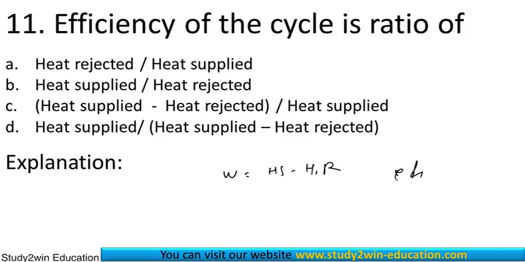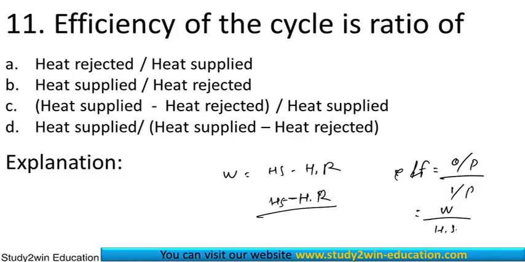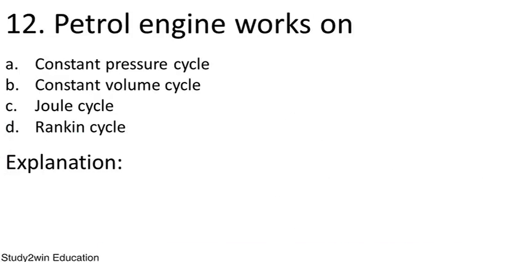Efficiency is nothing but output upon input. The output is the work, the input is heat supplied, and work is HS minus HR, so efficiency is heat supplied minus heat rejected, divided by heat supplied. So option C is correct. Then move towards the next question.